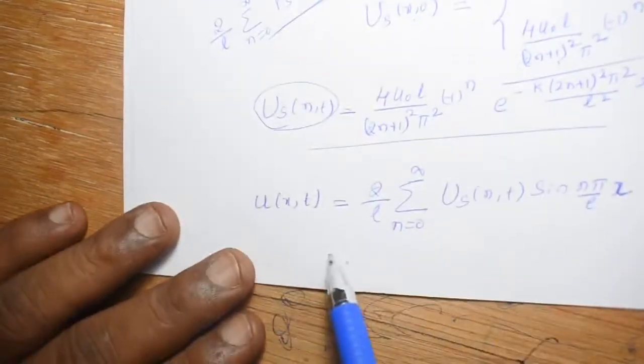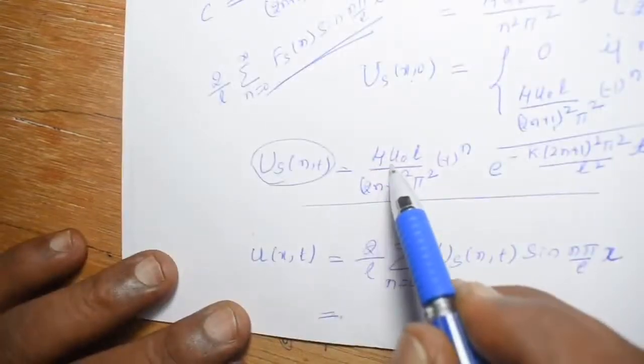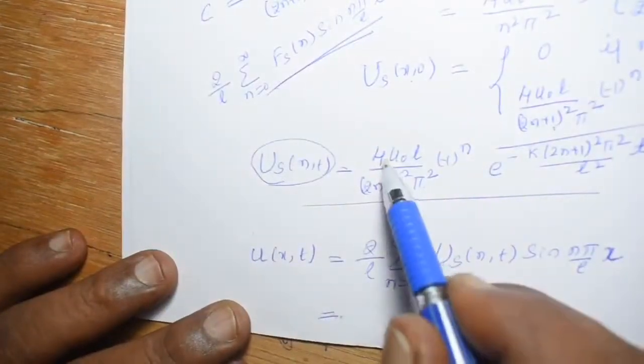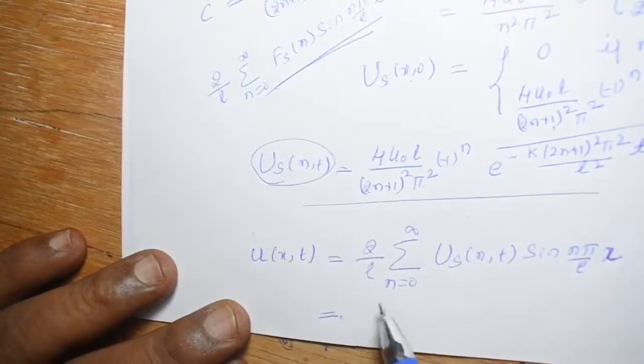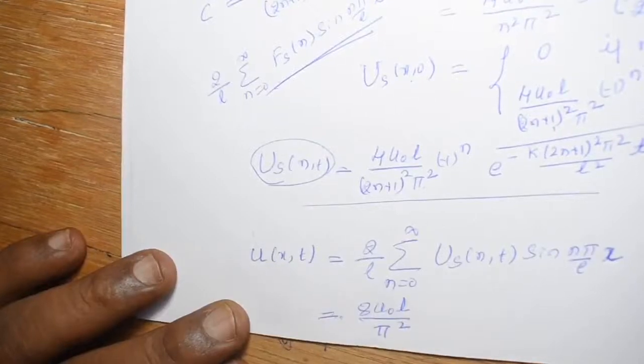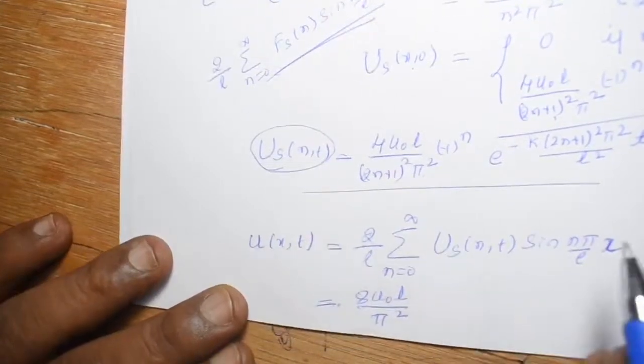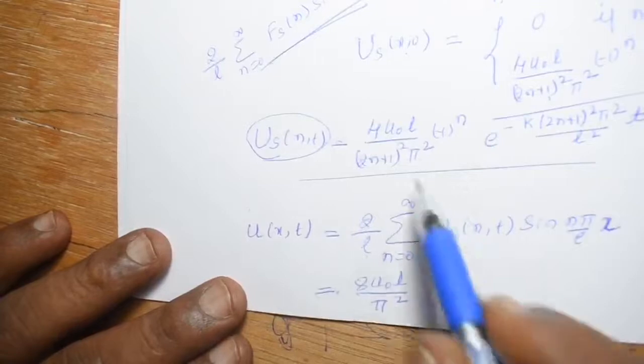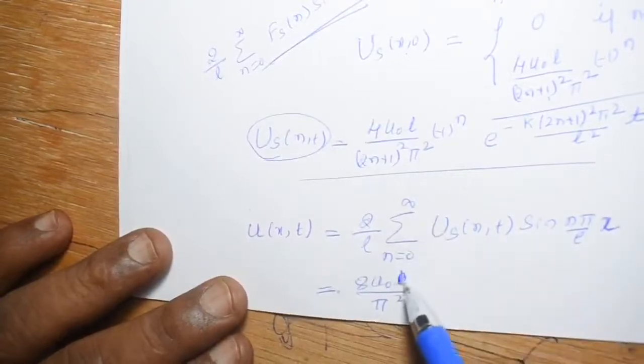So this equation will simply become, here you can find 4, and this 2 will become 8 u naught L divided by pi square. So this L and this L get cancelled. That's why L will not exist.